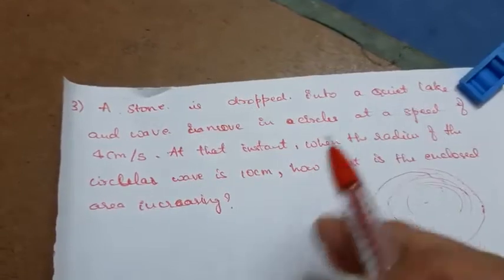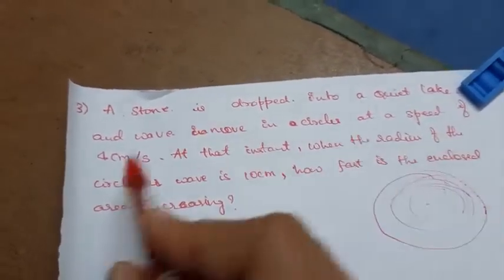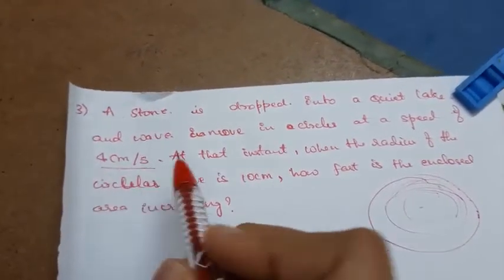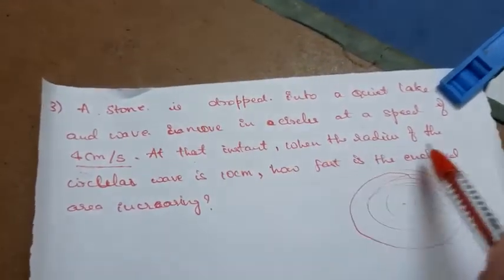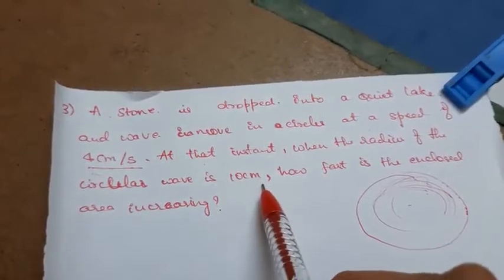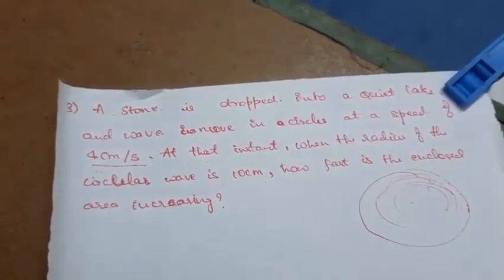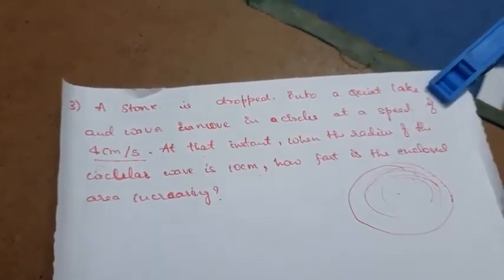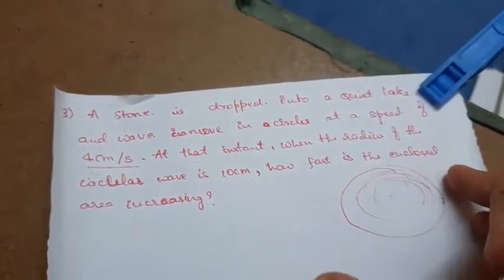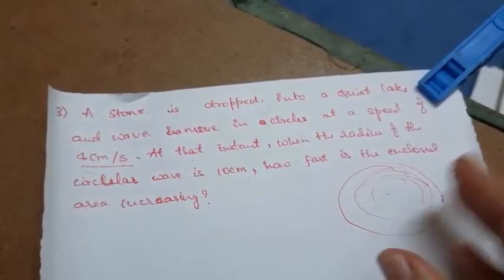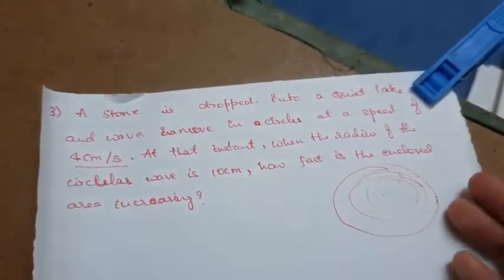That wave moves in the circular form at a speed of 4 centimeter per second. At that instant, when the radius of the circular wave is 10 centimeter, how fast is the enclosed area increasing? So what they are saying is, when we drop a stone into a quiet lake, it forms a wave, and that wave is moving with the speed of 4 centimeter per second.